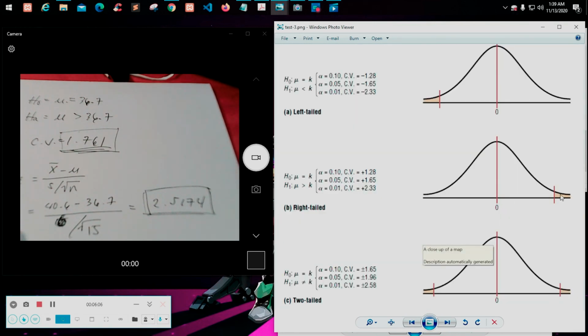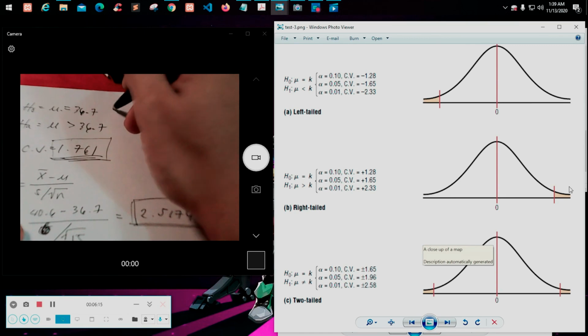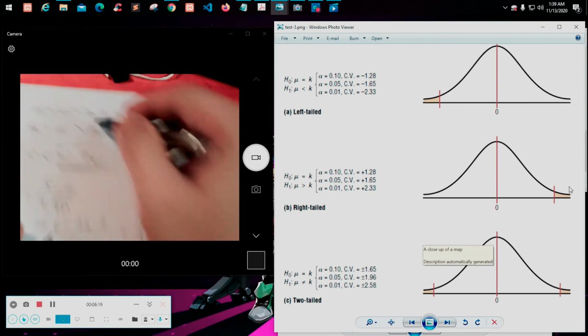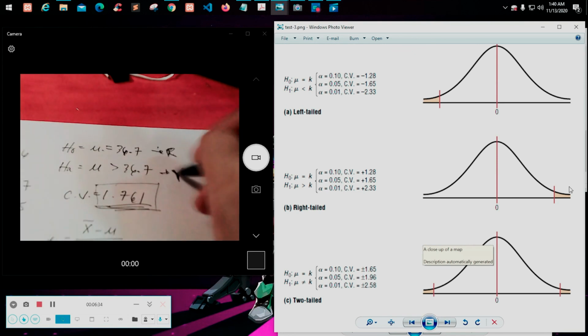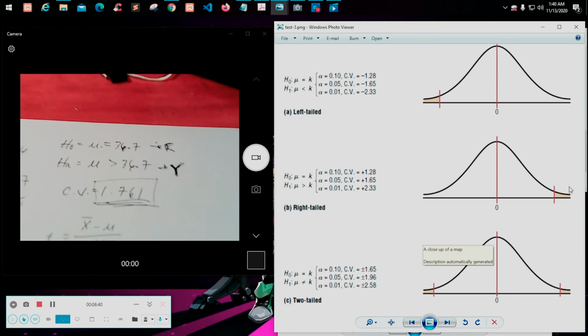Nandito siya sa area na to, and this is your critical value. So since the null hypothesis is rejected, there is enough evidence to support the physician's claim.